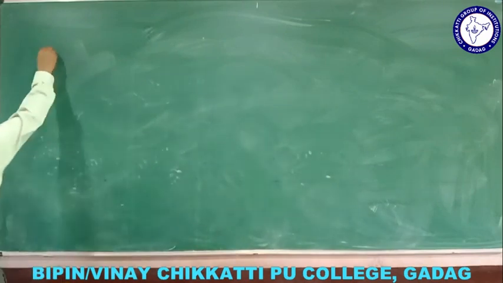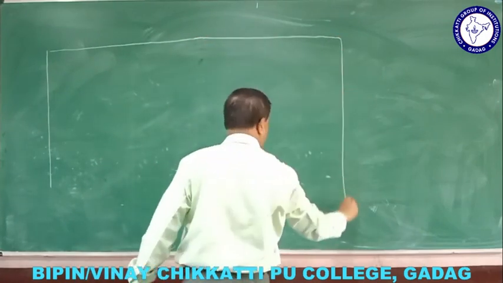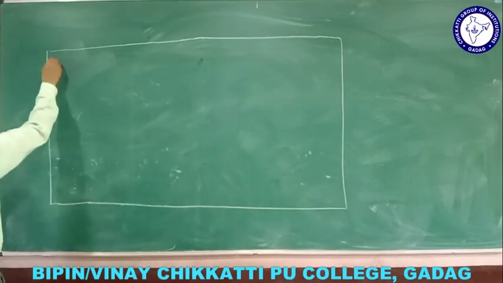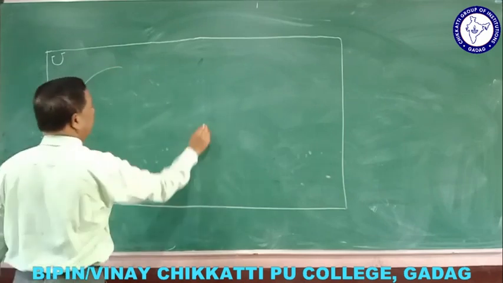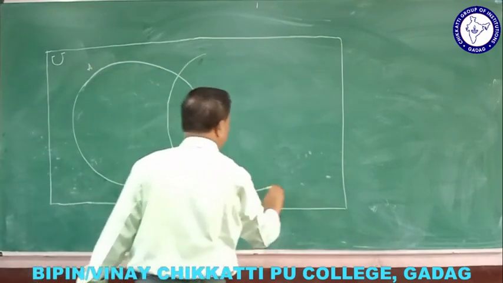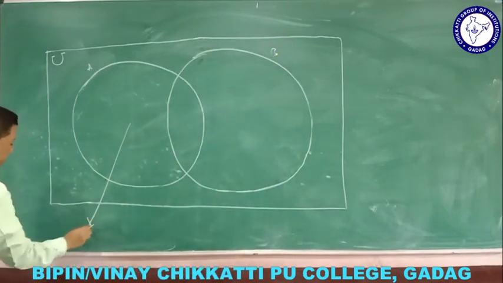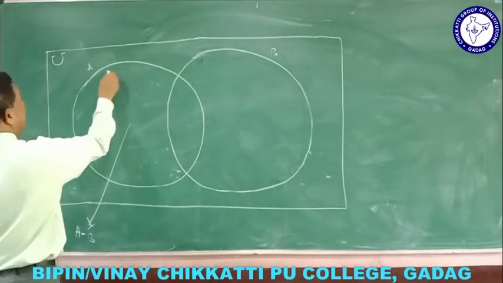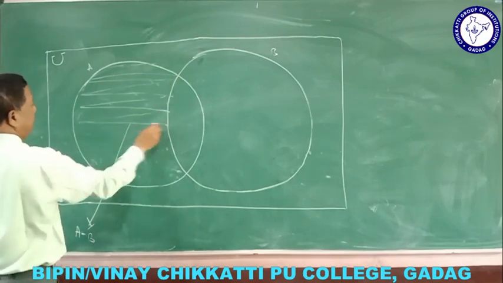I want to take a bigger figure so that you can understand how they are mutually disjoint. Suppose this is U, this is A, and this is B. Try to understand this is A minus B. A minus B is this. This is A minus B.